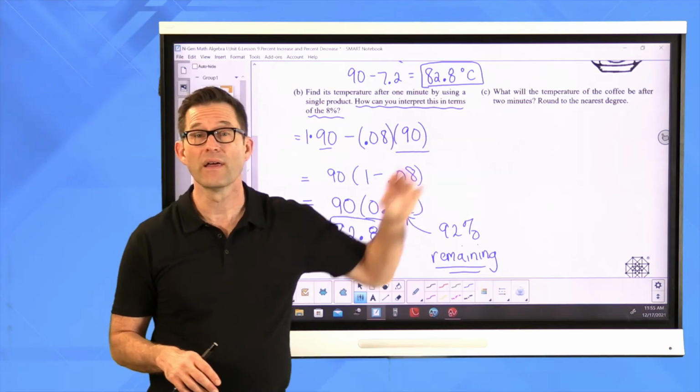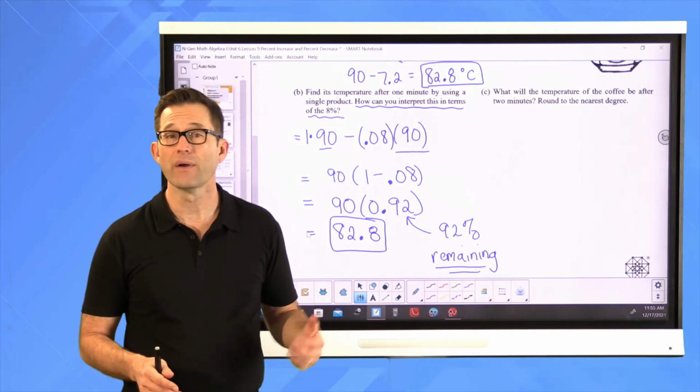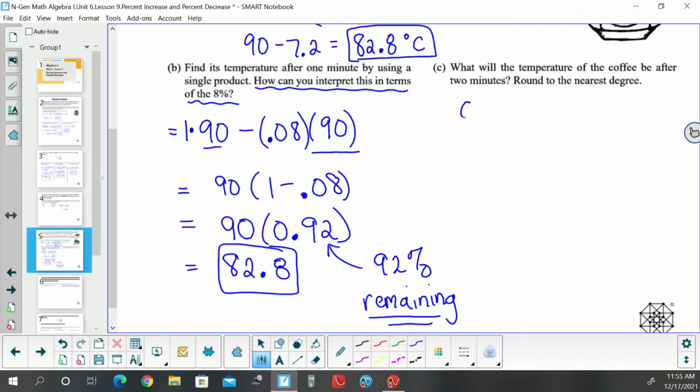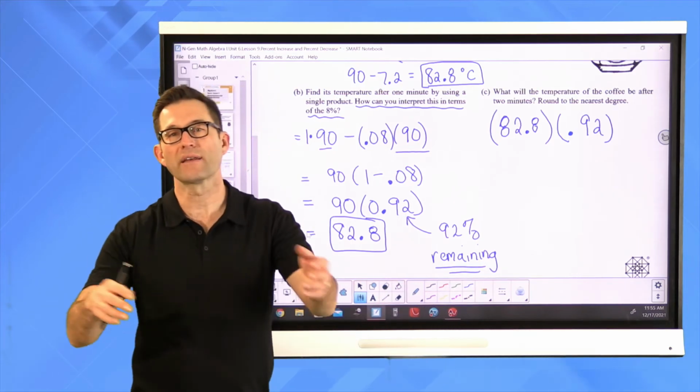Let's take a look at letter C. What will the temperature of the coffee be after 2 minutes, rounded to the nearest degree? Well, now it's easy. So now I can take my 82.8 degrees and multiply it by 0.92. I don't need to multiply it by 0.08, get an answer, and subtract it from 82.8.